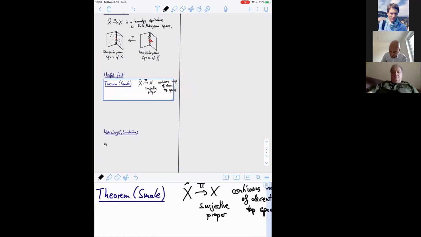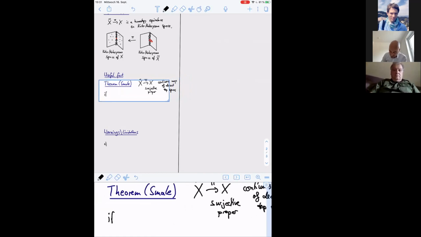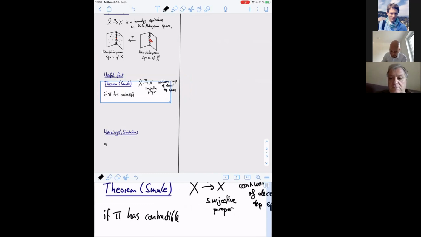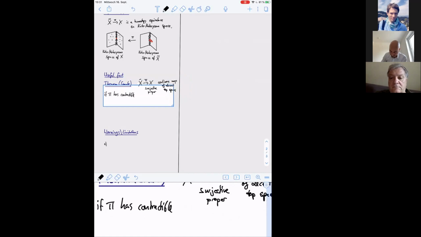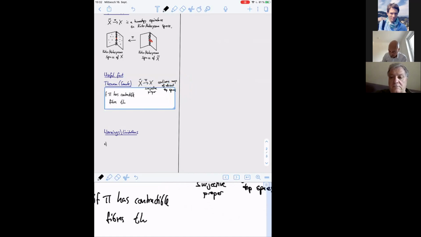The key ingredient then is contractible fibers. If pi has contractible fibers, then pi is a weak homotopy equivalence.